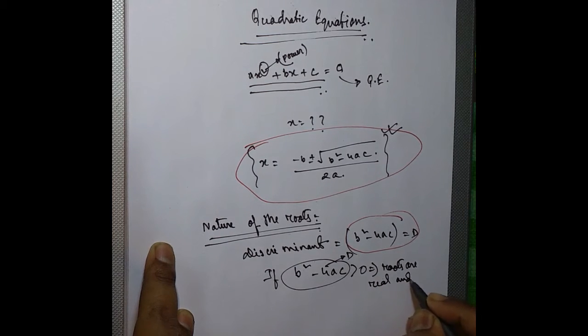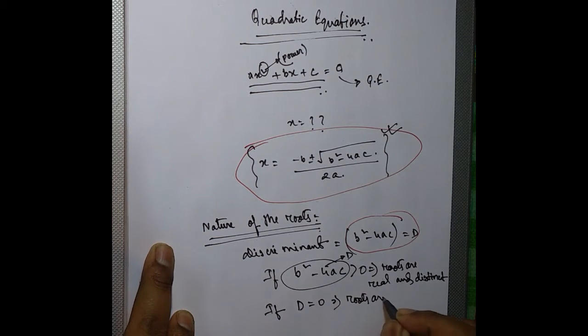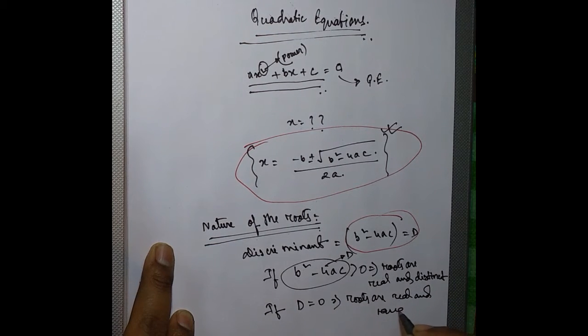So the roots are real and distinct. If D, which is the discriminant, is equal to 0, then the roots are real and equal.